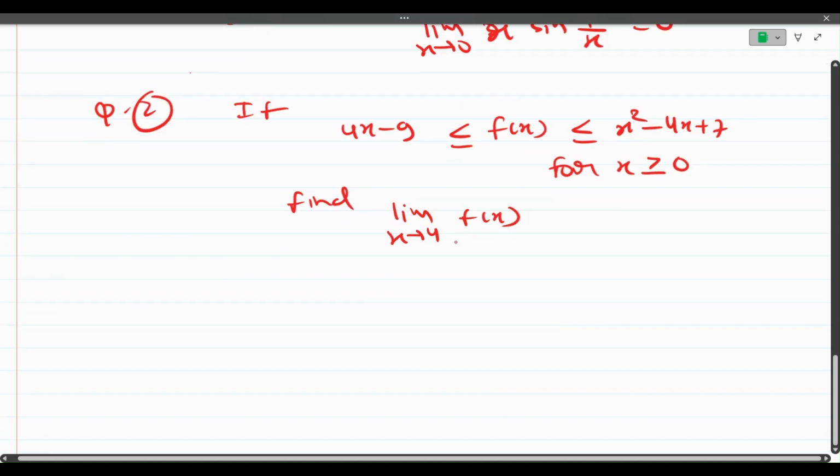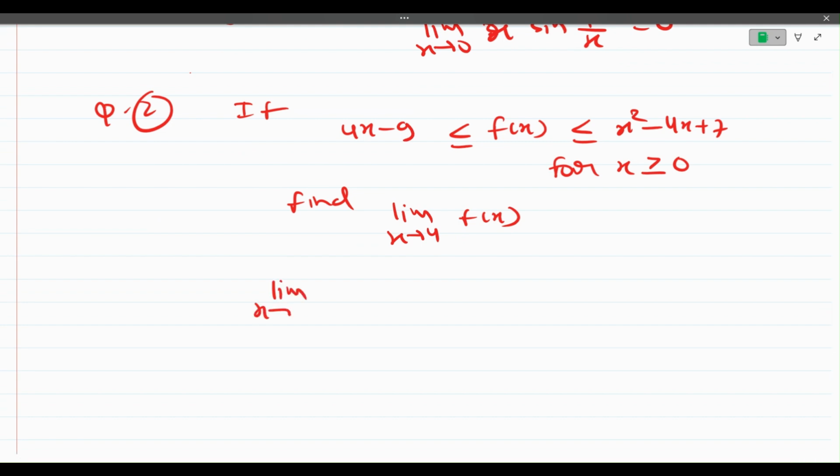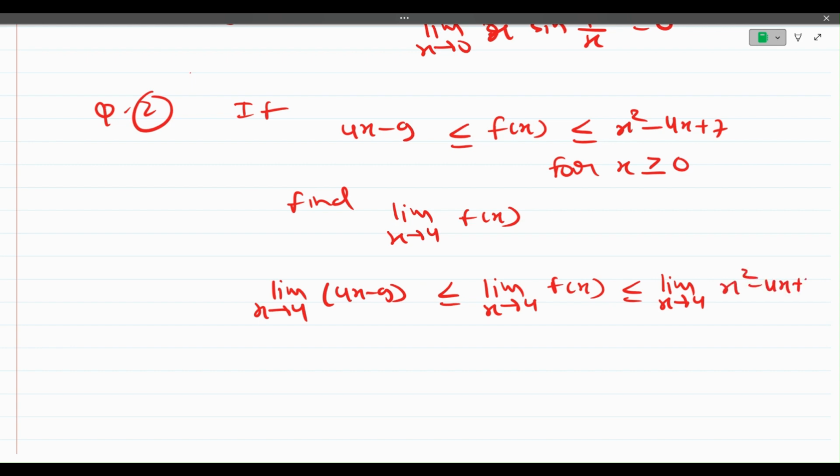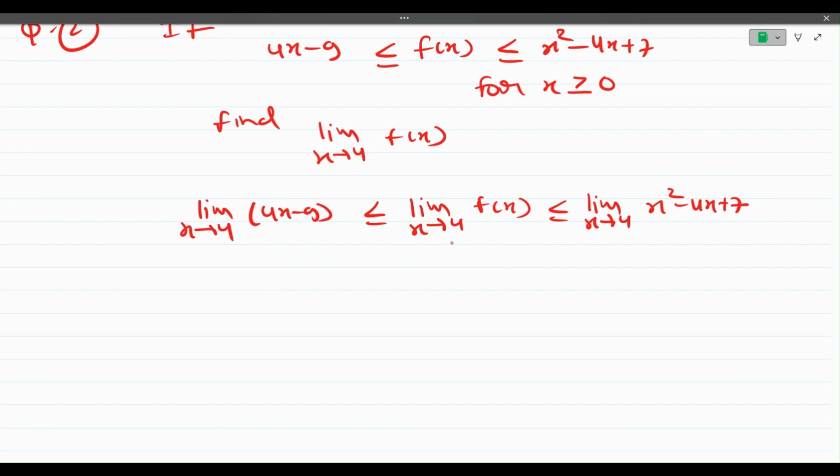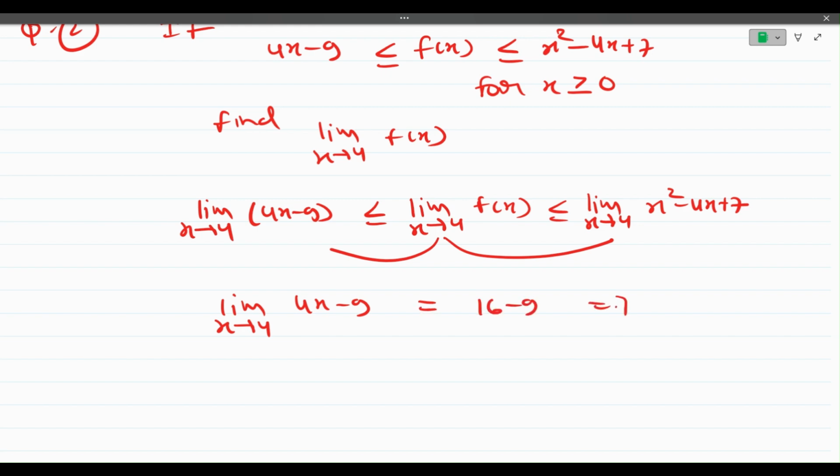And here we're going to use the sandwich rule, and we apply the limit as x tends to 4 in all the terms. So that's the limit as x tends to 4 of f of x, and the limit as x tends to 4 of x squared minus 4x plus 7. So we'll compare the limit of f of x to this and this. First we find the limit as x tends to 4 of 4x minus 9, which gives you 16 minus 9, which is 7.